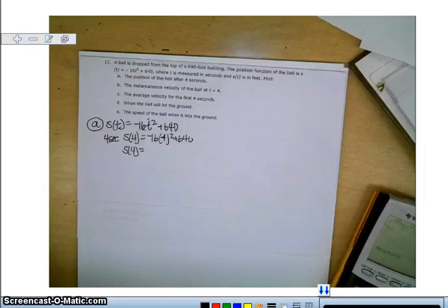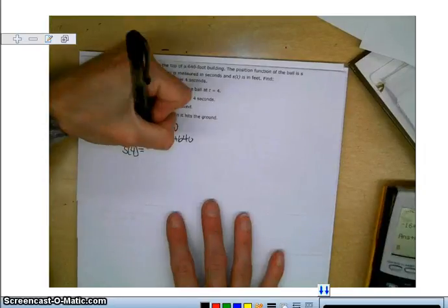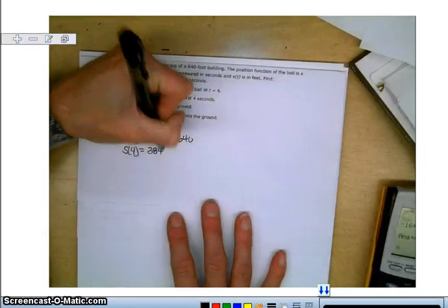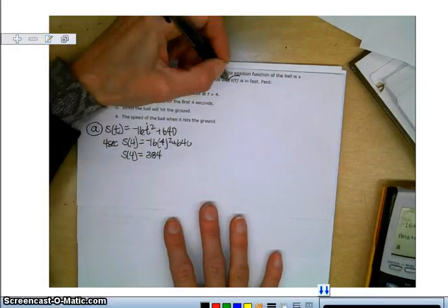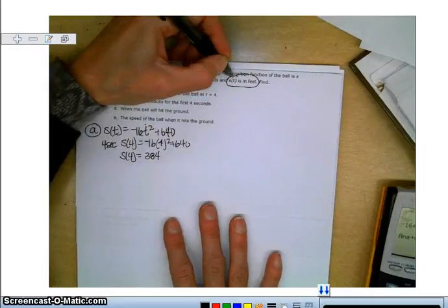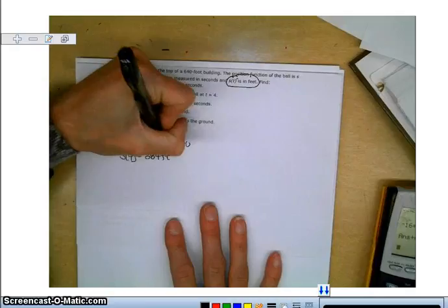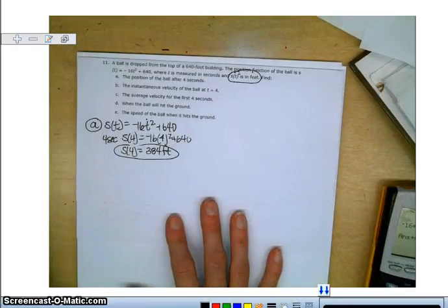What do you get? 384. What is the label? S is a what? Position. So it's measured in feet. Exactly. How do you know? It says right up in the problem. S of t, the position is measured in feet. So the answer to part A is 384 feet.